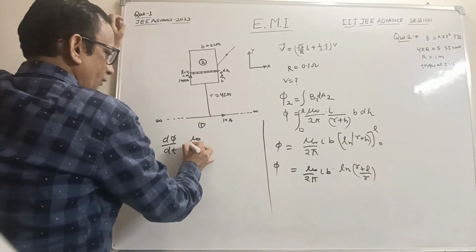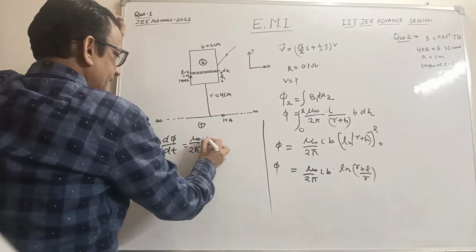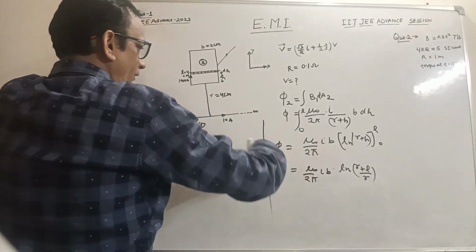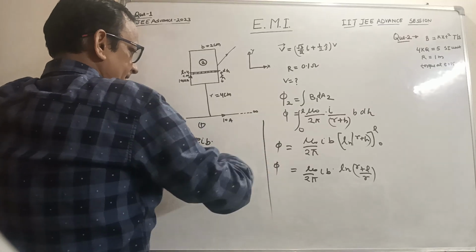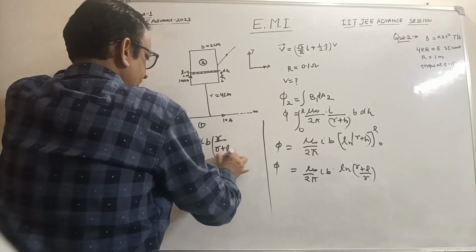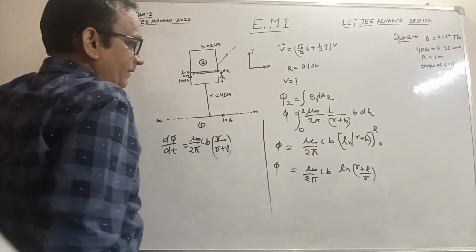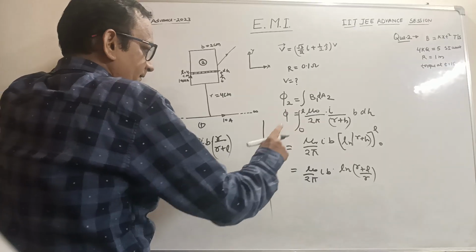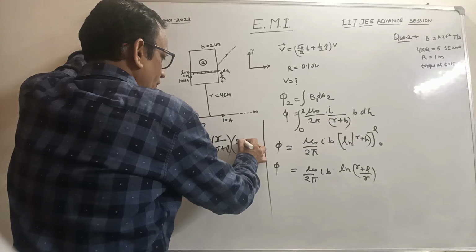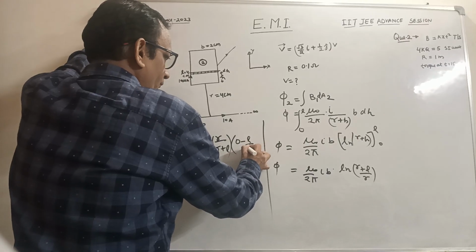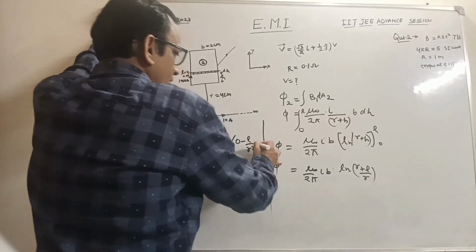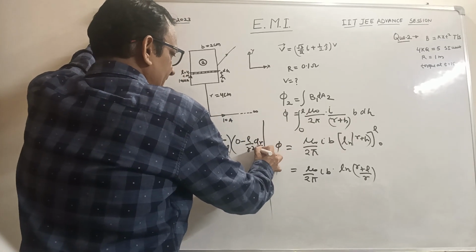This becomes mu naught upon 2 pi I B, and the differentiation of log x is 1 by x, so this becomes R upon R plus L, and the differentiation of R plus L upon R becomes minus L upon R square, times dR over dt.